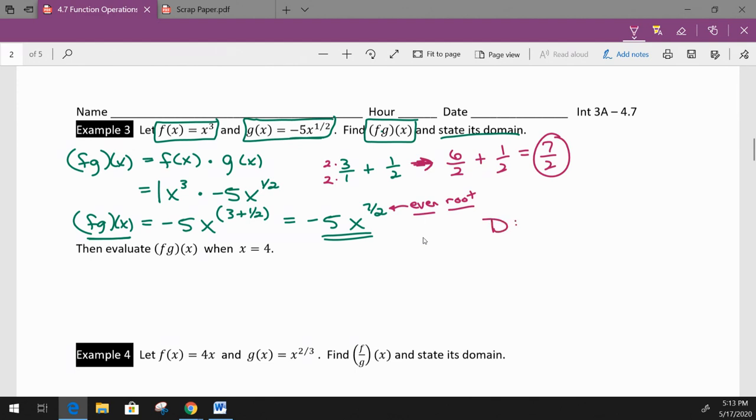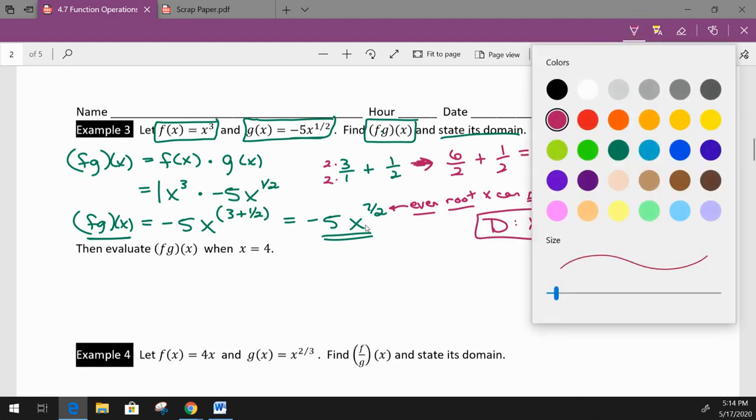So basically, because there's an even root, x cannot be negative. It can be 0. You can take the square root of 0. And it can be anything positive, but x cannot be a negative number. X is greater than or equal to 0 will be your domain.